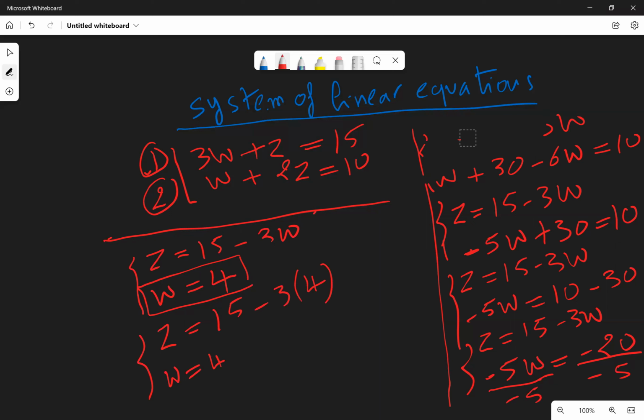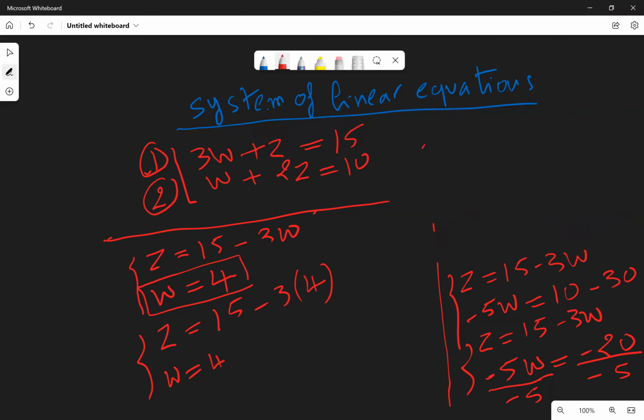So z equals 15 minus 3 times 4, that's minus 12, and so we get z equals 15 minus 12, that's 3. And w, we said, is 4.